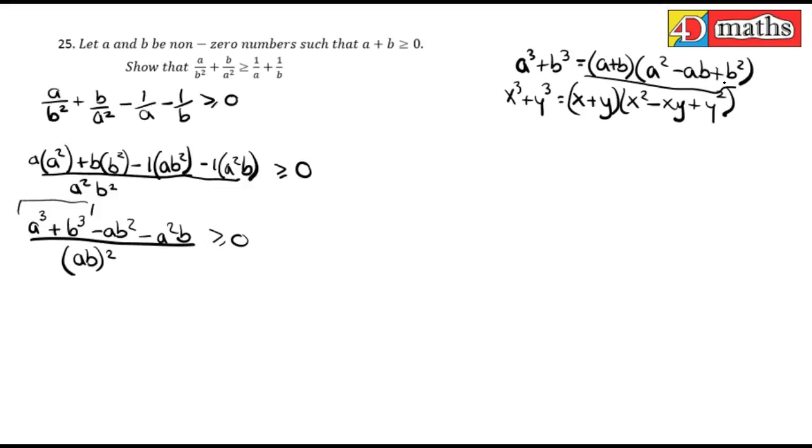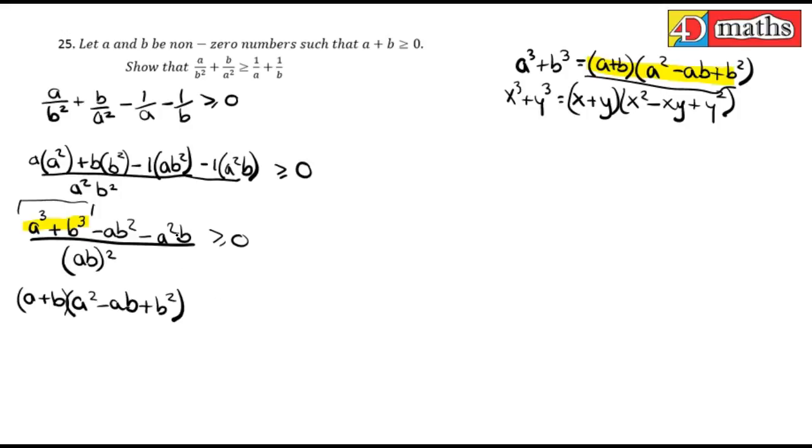So I can replace that there. So I'm going to put that as a plus b, bracket, a squared minus ab plus b squared.